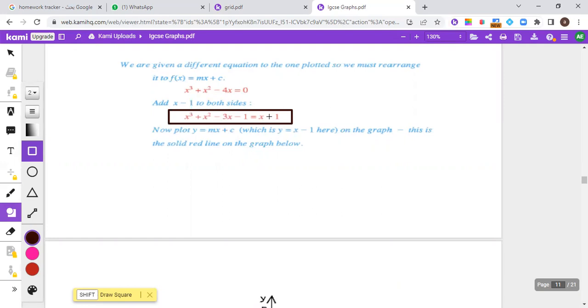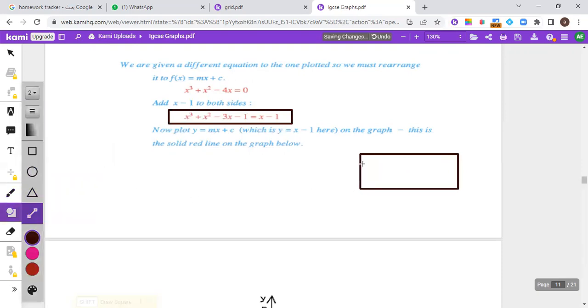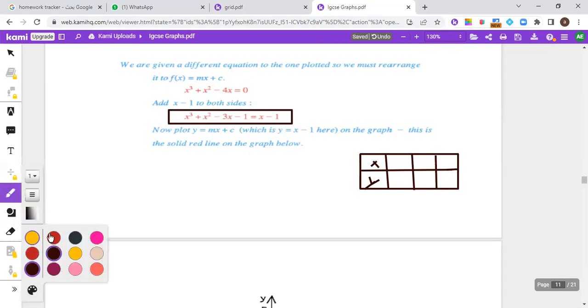Actually, we make a table. Yes or no? Yes. We make a table. We write here x and here y. And here you choose 3 or 2 points. Any 2 points you like.